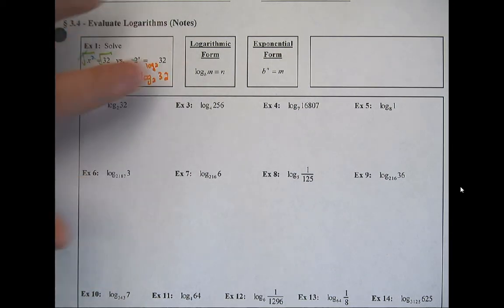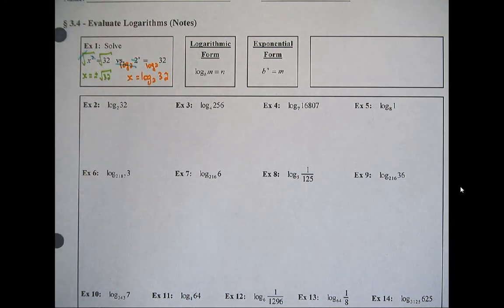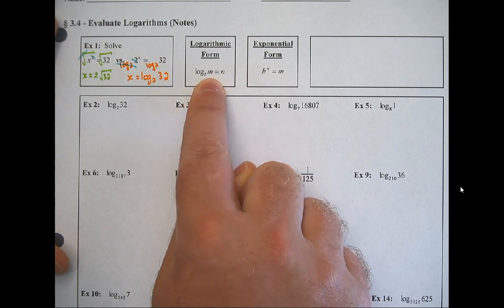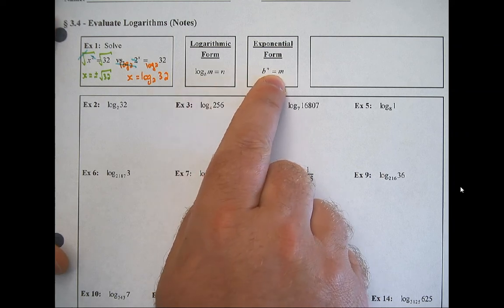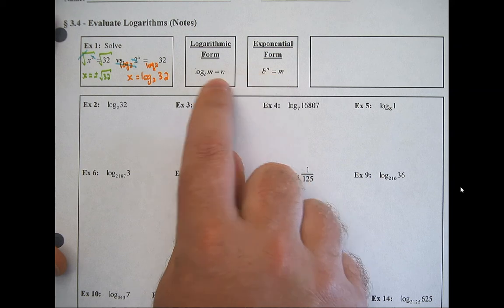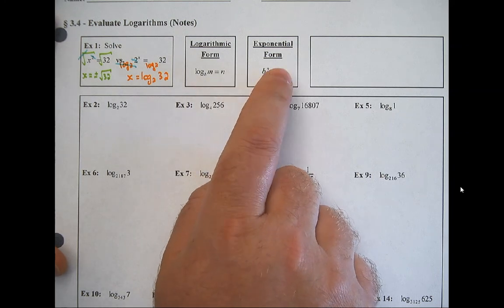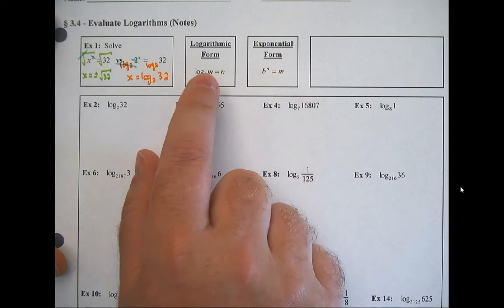Now that we hopefully have the idea of what a log is, just this thing that undoes 2 to the, let's talk about how to evaluate these operations. There are two different formats, and this is the same as this. What we can do is take something in this form and convert it into this form. I like this form a lot better, because what doesn't it have?